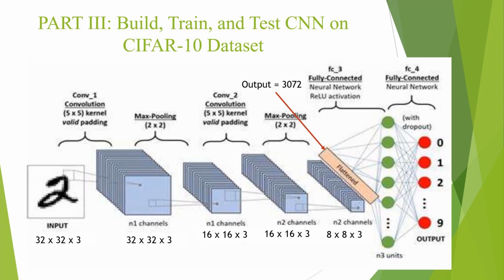And the reason why we drop 50% in the dropout layer is because before we go into the last fully connected network layer, we want to make sure that we're not putting too much data in there once we go to training, so that it is not overfitting the data.